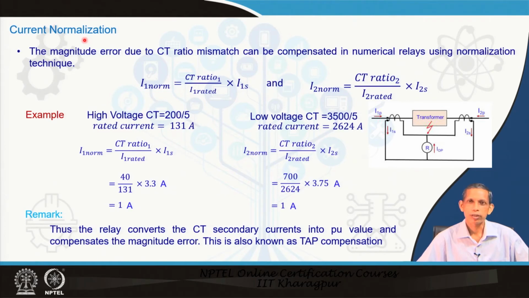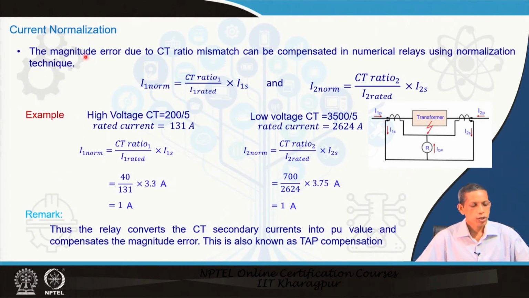Unless you handle the current properly, the differential current will be unwantedly very large, and the relay may malfunction. The accuracy in terms of dependability and security, the reliability perspective, will be poor unless we handle the currents properly.